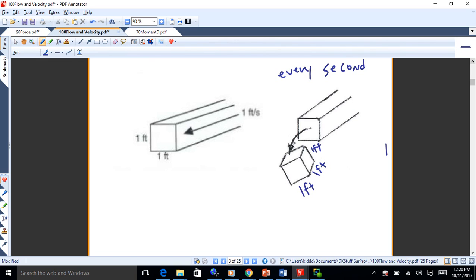So that means that if you have an area of 1 square foot and a velocity of 1 foot per second, what you get every second coming out of that channel would be 1 cubic foot. So we're taking the area times the velocity to get the volume flow rate. Any questions on that?